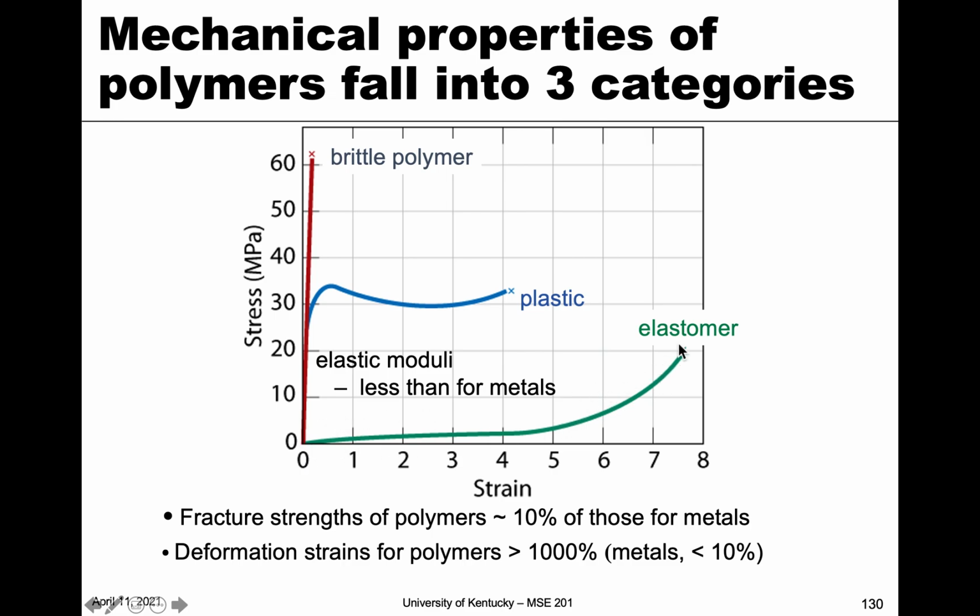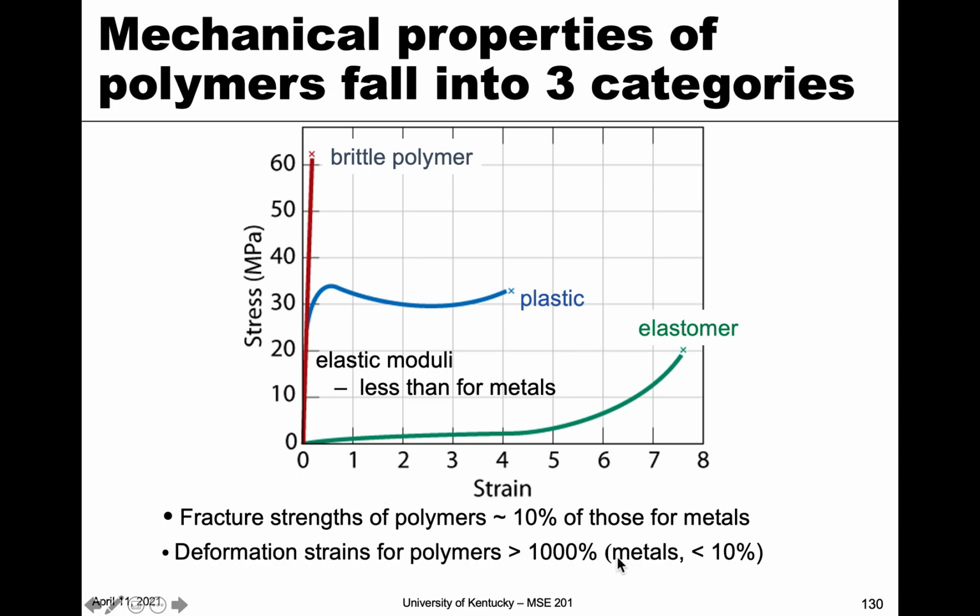So even though it extends up to 750, so about 750% of its original shape, that is all elastic, and so it'll go back to its original shape afterwards. So that's the important distinction with elastomers. And so these are things like rubber bands and rubbers and things like that.